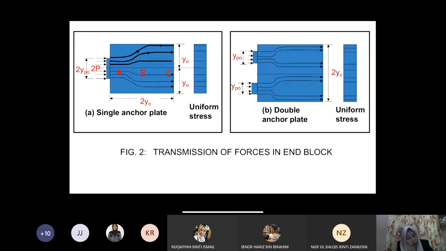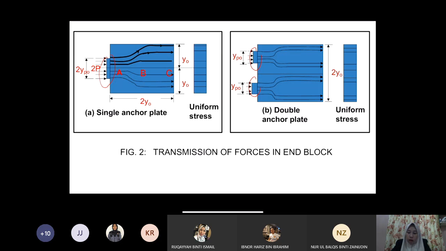So here you have two possible conditions. One is what we call a single anchor plate, so you have one anchor only at the section. Here you have a double anchor plate, where of course you have two anchors.